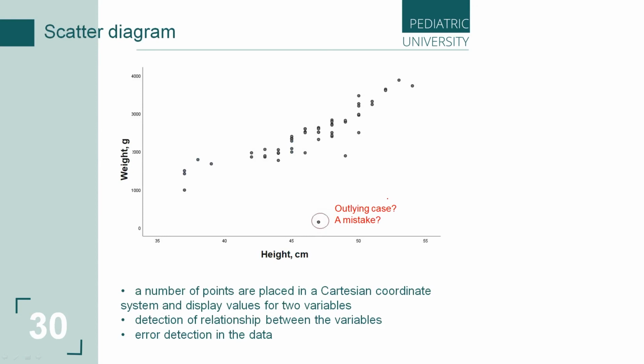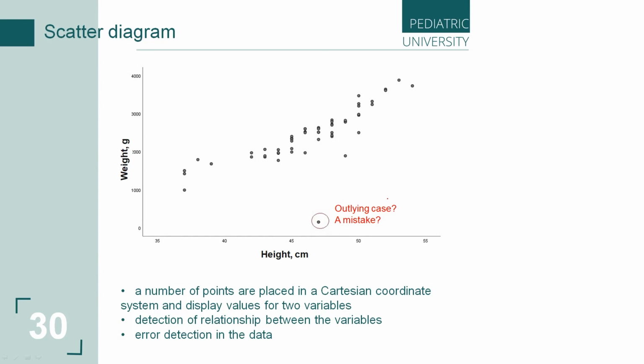The next example is the scatter diagram. This is a very handy diagram. Each point on this chart is one sample item. The points are placed in a Cartesian coordinate system and show values for two variables, for example, height and birth weight.